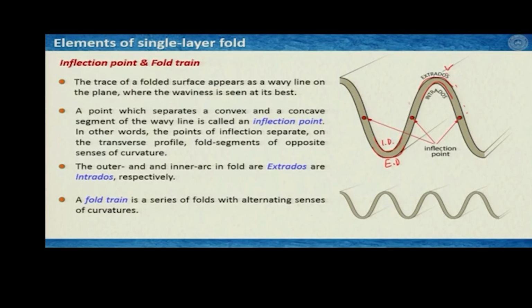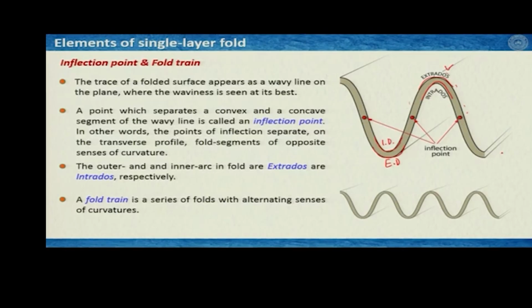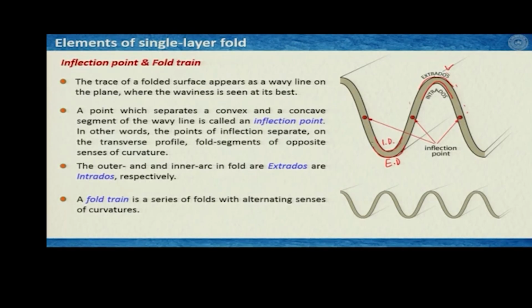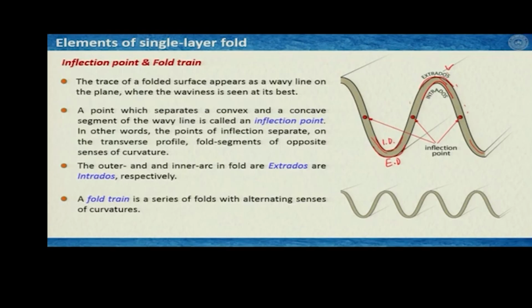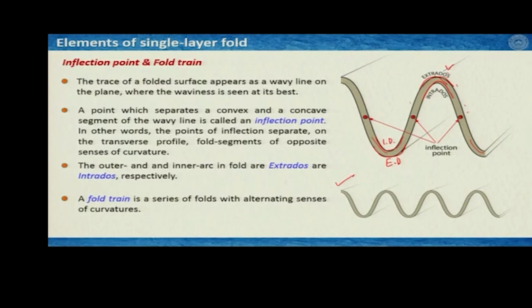Now, if you have a series of folds with alternating senses of curvatures, like a series of concave and convex and then again concave and convex layers, they move on from one point to another as shown here in this illustration, then it is known as a fold train.